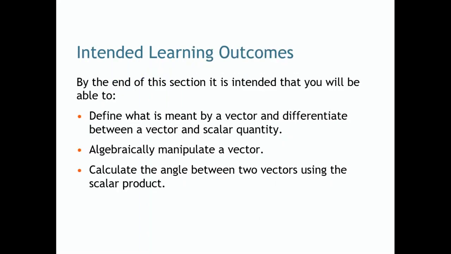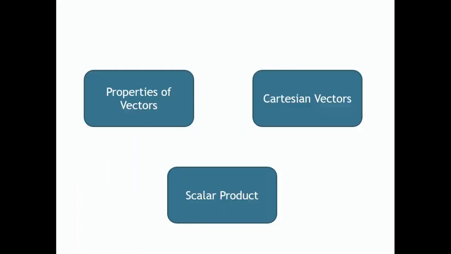By the end of this section, we'll be able to define what is meant by a vector and differentiate between a vector and a scalar quantity. Then algebraically manipulate vectors, and calculate angles between two vectors using scalar products. We're just beginning this class.